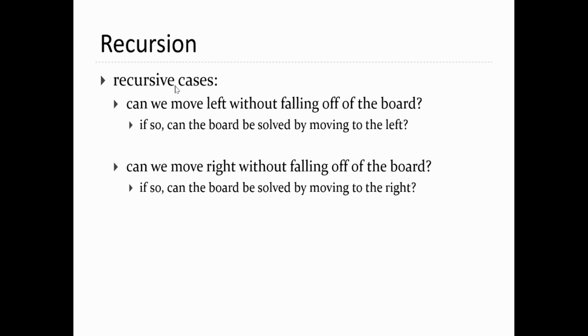So our recursive cases are, remember, the problem that we're trying to solve is: is there a solution to this board? Yes or no. So you're on some square somewhere, and you can look at the value of the square. You ask yourself, can you go left without falling off the board?